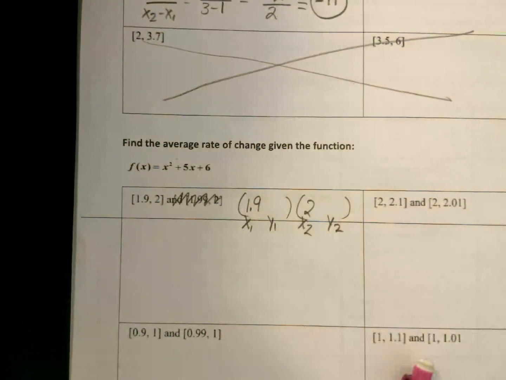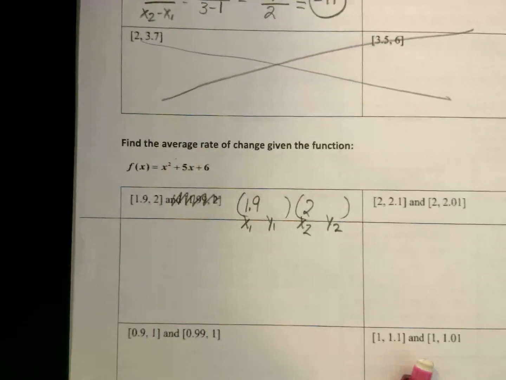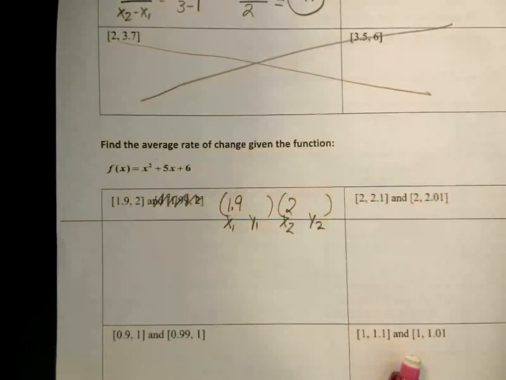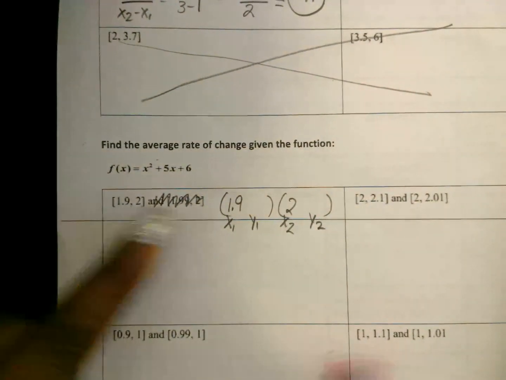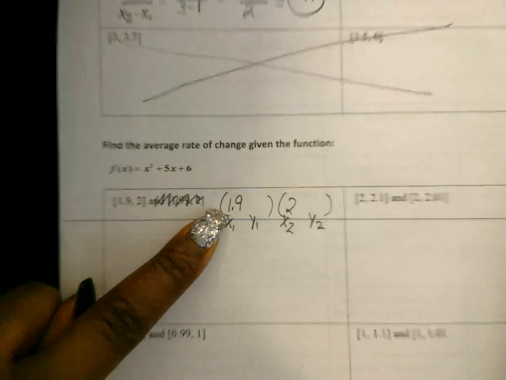We're going to use our calculator to do that. They give you an equation, so you're going to substitute the x value into the equation to figure out what the y is. So the first x value we're substituting into this equation is 1.9.